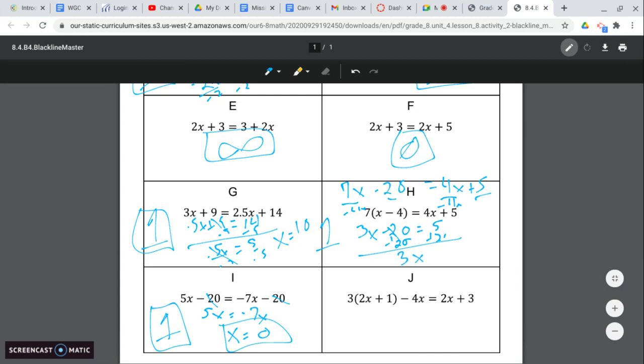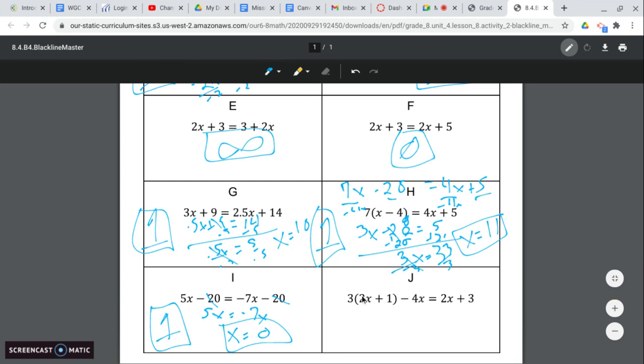Oops, did I do something wrong? That should be 28. I misread what I wrote. Sorry, trying to fix that. So we add the 28. 5 plus 28 is 33. There we go. Divide by 3, x equals 11.